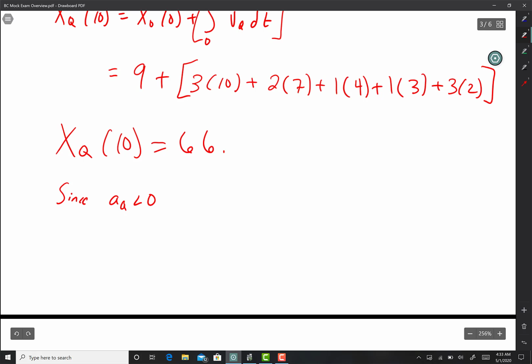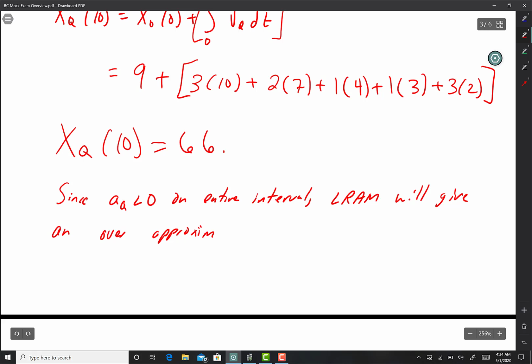Since a of q is negative on entire interval, LRAM will give an over approximation. Since acceleration is negative on entire interval, LRAM will give an over approximation. I think that's perfect right there. And there it is. Done.